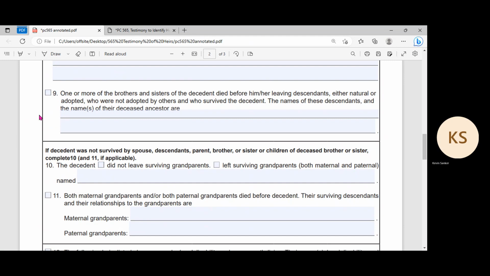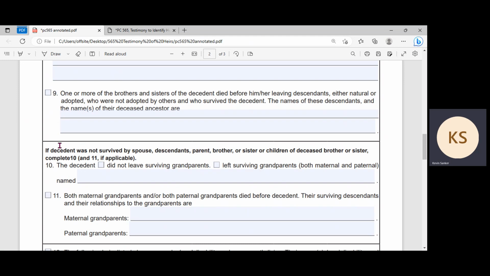Number 9, one or more of the brothers and sisters in the decedent died before him or her leaving descendants, natural or adopted, who were not adopted by others and who survived the decedent. The names of these descendants and the names of their deceased ancestors are.